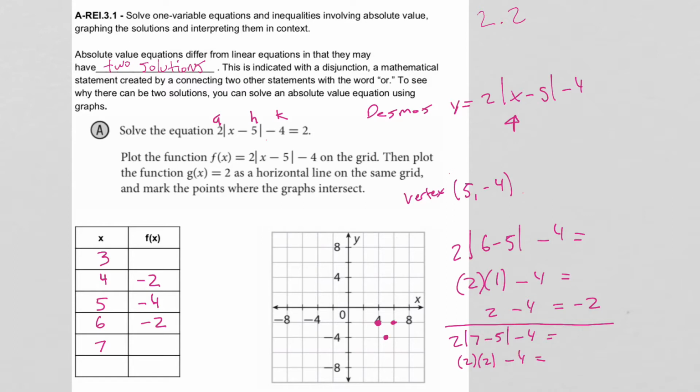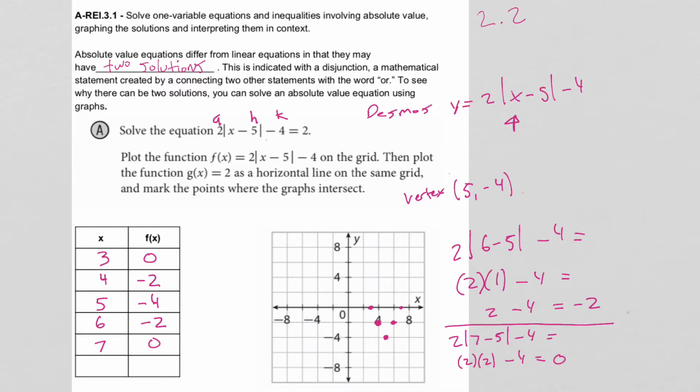And that's 4 minus 4, you get 0. So if this is 0, that is 0, and something like this.